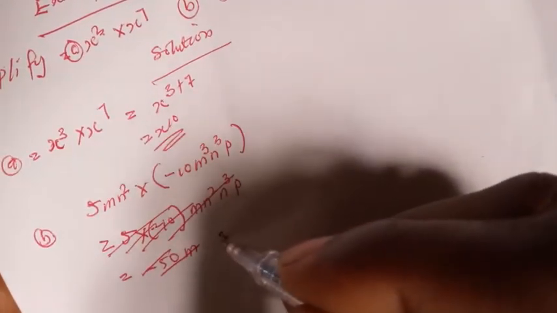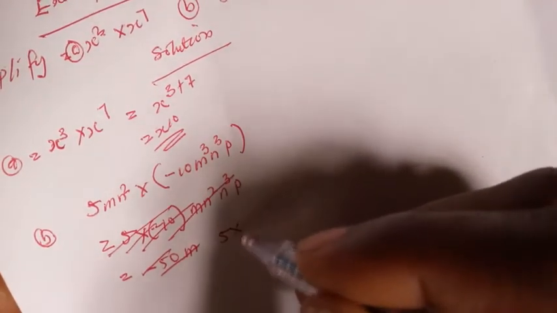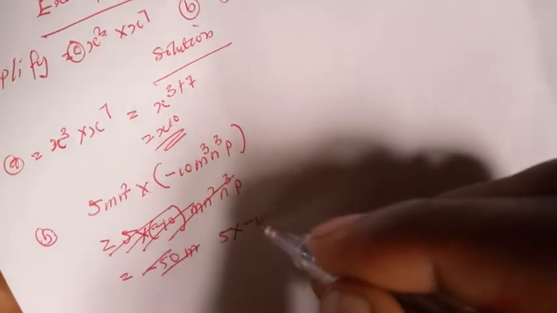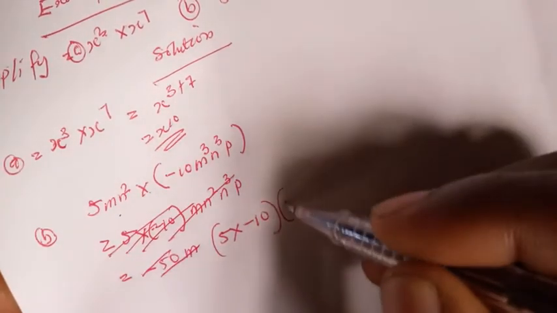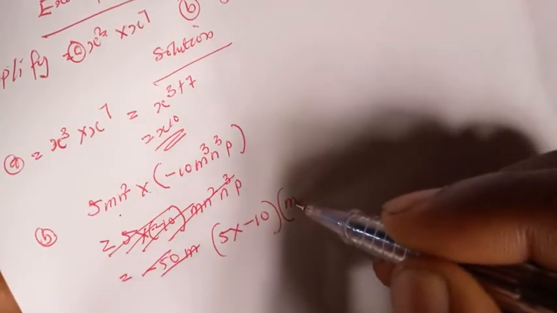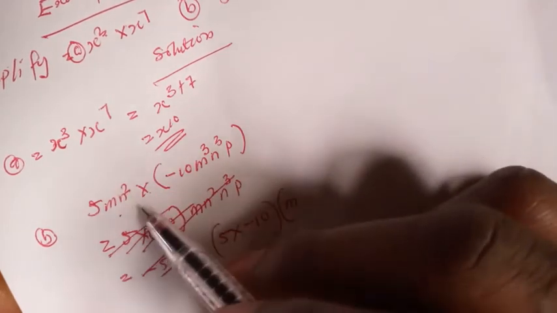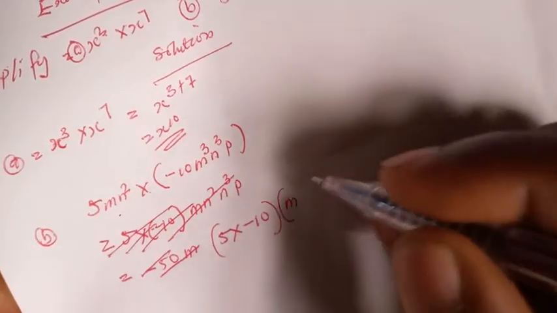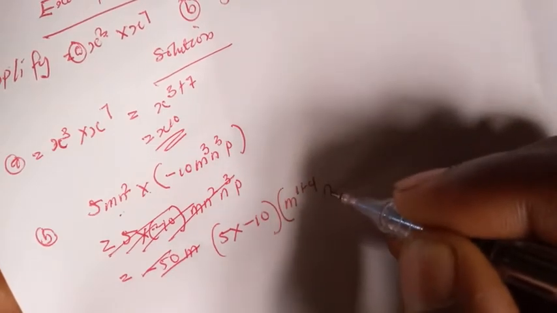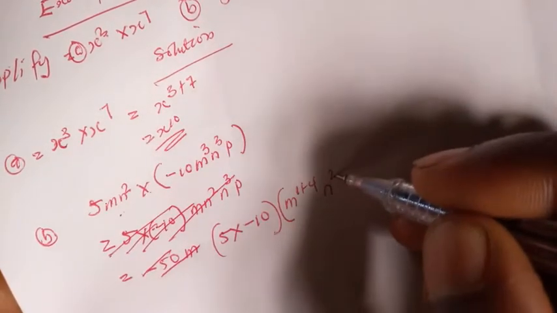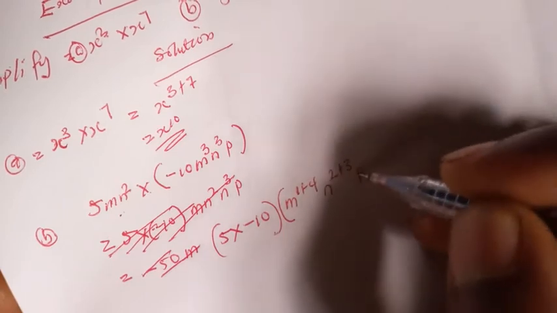We have 5 times minus 10. Put this in a bracket. Put the other one in a bracket, which is m. How many m do we have? m to the power 1 and 3, right? Which is 1 plus 3. We have n, 2 plus 3, and we have p.